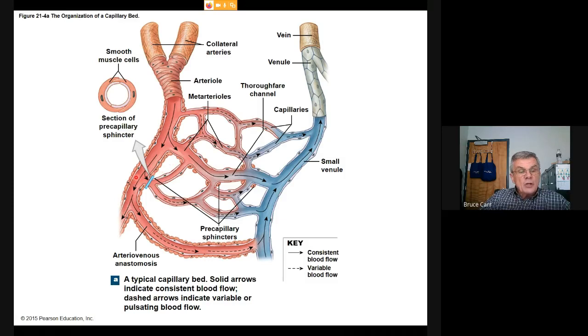So, you basically could cross this capillary bed by entering this, crossing over here, entering here, and ending up over here. So there are multiple paths of flow across this capillary bed. Here is what we call an arteriovenous anastomosis, a sort of a blood bypass without providing the opportunity for molecular exchange.